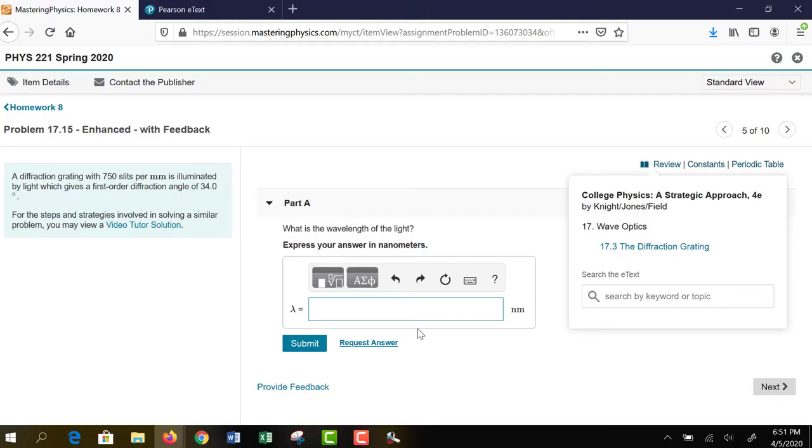Okay, so the next one: a diffraction grating with 750 slits per millimeter is illuminated by light, which gives a first-order diffraction angle of 34 degrees. For steps and strategies involved in solving similar problems, take a look at the video tutor solution, to get another perspective on solving these problems.